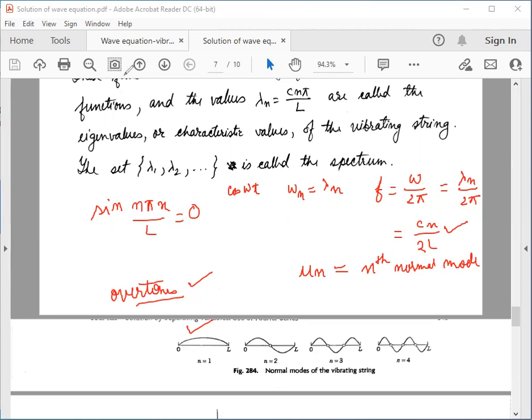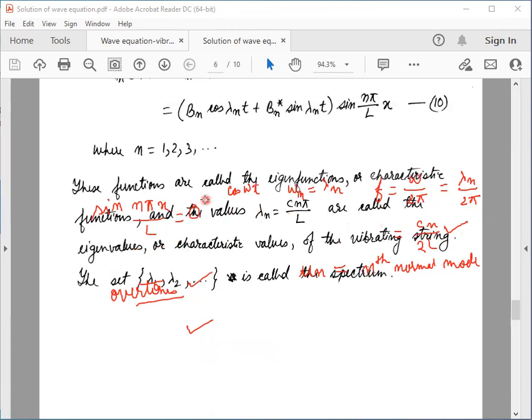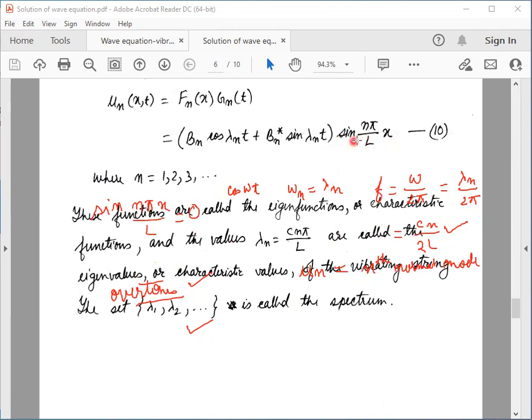Here we have one term, sine n pi x by L. So when will this become 0?